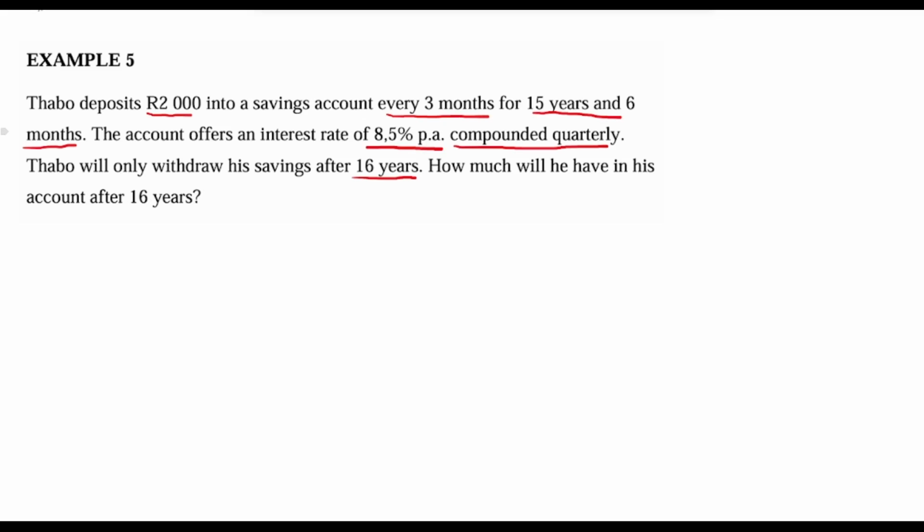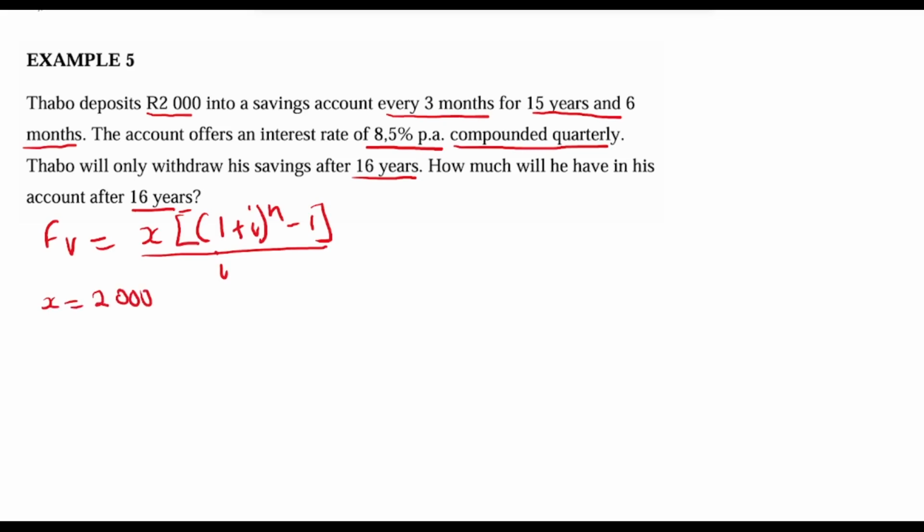Okay, how much will he have in his account after 16 years? Let's first find out how much he will have in the account after 15 years and 6 months. This is a savings account, so we're using the future value formula, right? Our X is 2,000 rands, and our n, we said, is 62. 15 years 6 months is 15.5 years, isn't it?